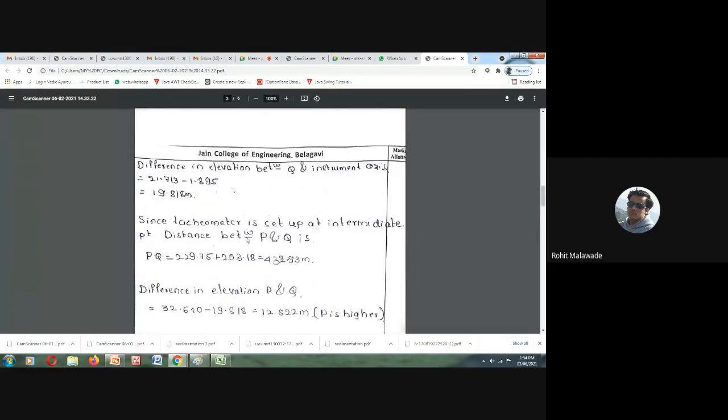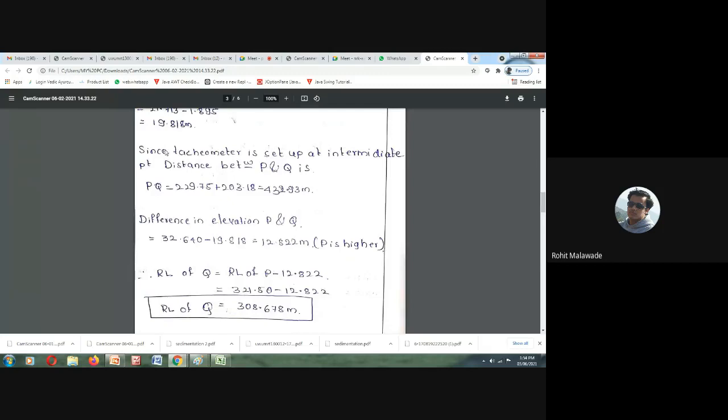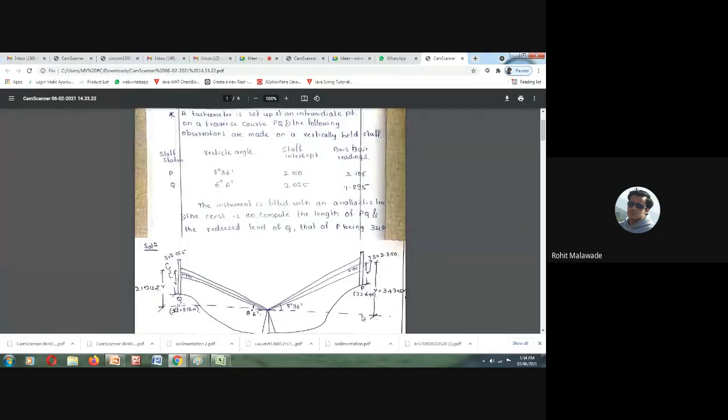Now, what we need to determine is, we have determined PQ. Now, the difference in elevation between P and Q. Now, we know that from the line of sight, the P is 32.64, and from the line of sight, the Q is 19.818.